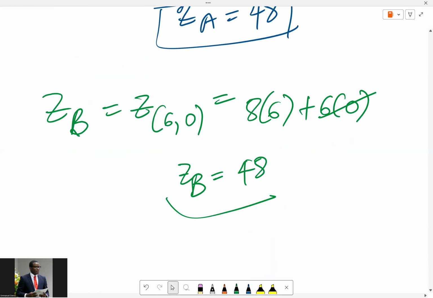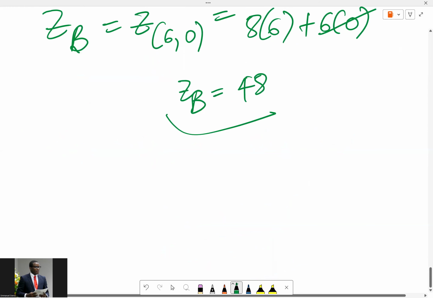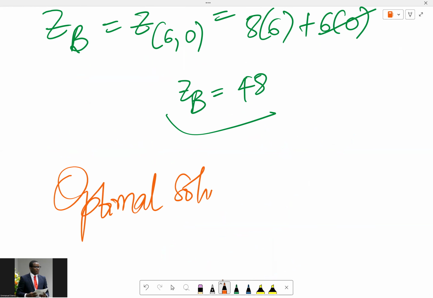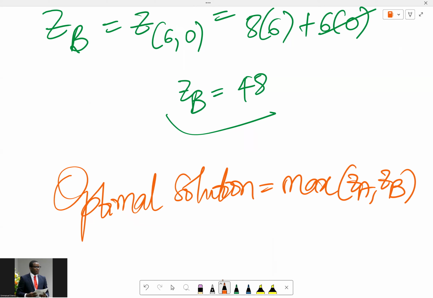So of course, we already know that the optimal solution usually is the maximum between ZA and ZB and any other Z there are.